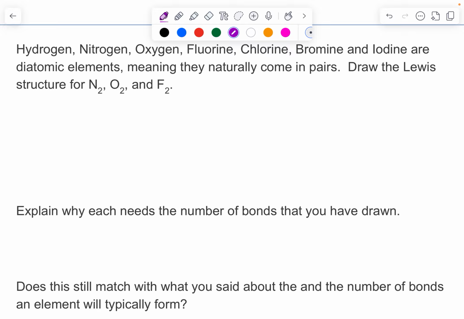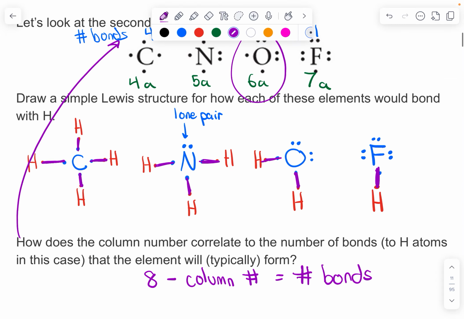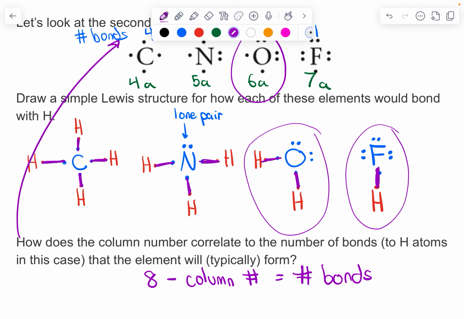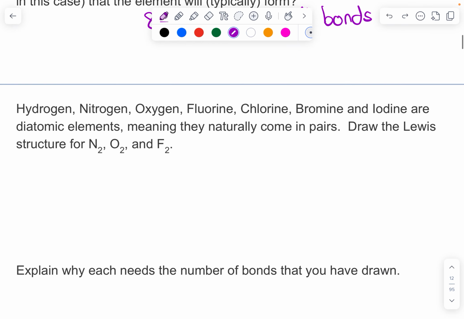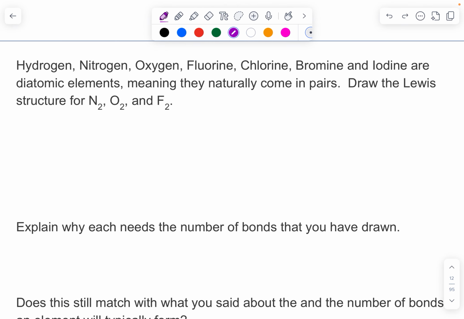There are 7 diatomic elements, meaning that they come in pairs when they're by themselves. Obviously, if it's oxygen and hydrogen, there's 1 oxygen, not 2. Or F and H, there's not 2 fluorines, not 2 hydrogens, just 1 of each. This is just when the element is by itself. So when it's just nitrogen, it's going to come as N2.